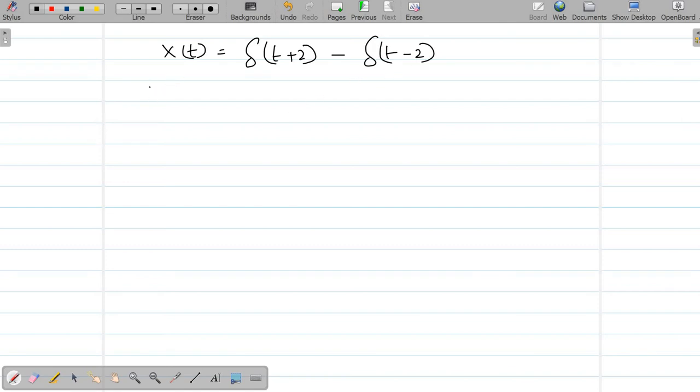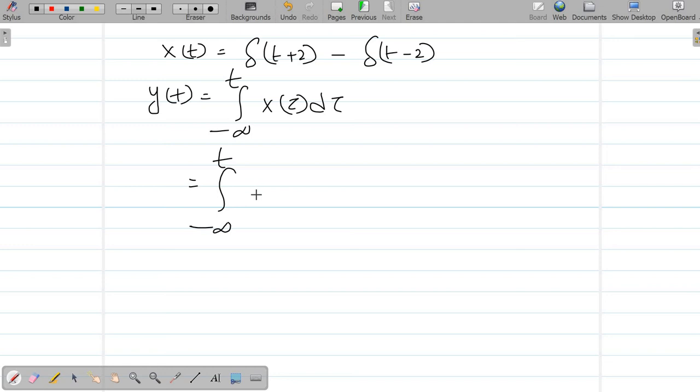We want to find out a function which is nothing but the integral of x of tau d tau. So it is nothing but the integral up to t of delta of tau plus 2 minus delta of tau minus 2.